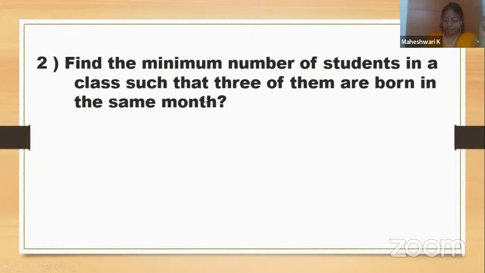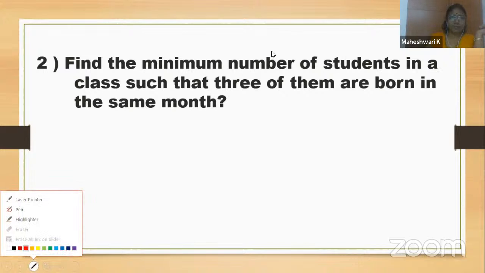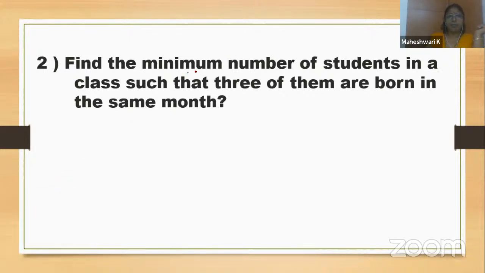So we need to find the minimum number of students in a class such that 3 of them are born in the same month. We are going to use the generalized formula here, right?